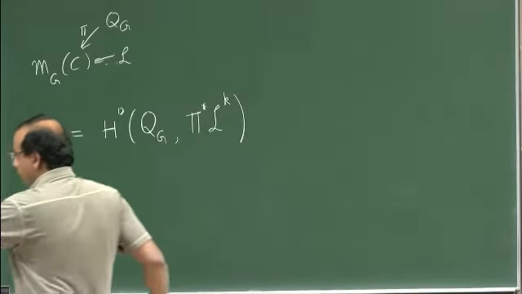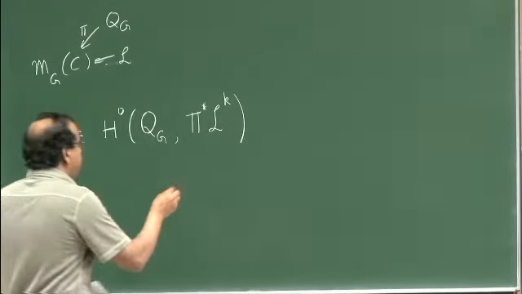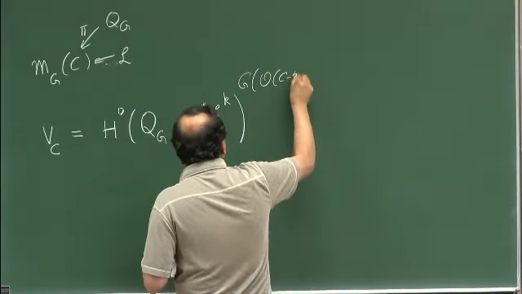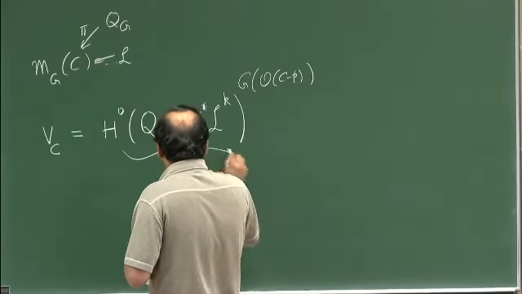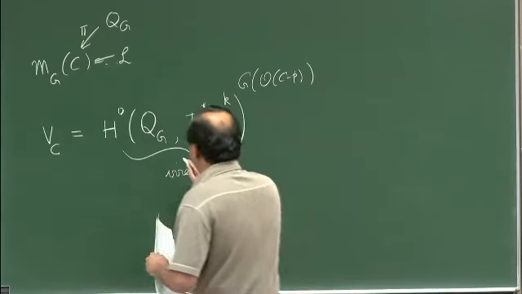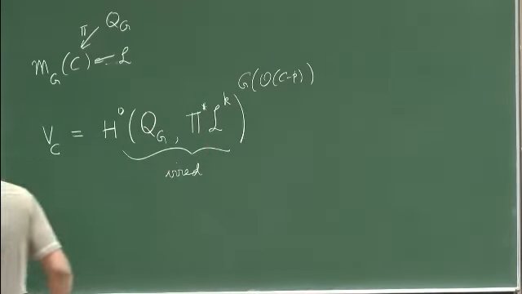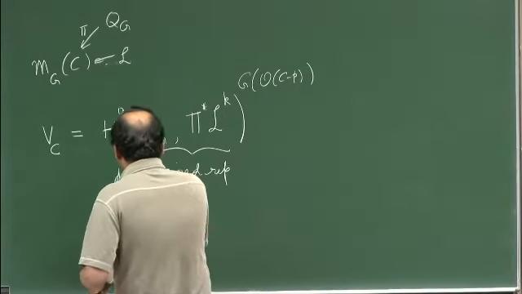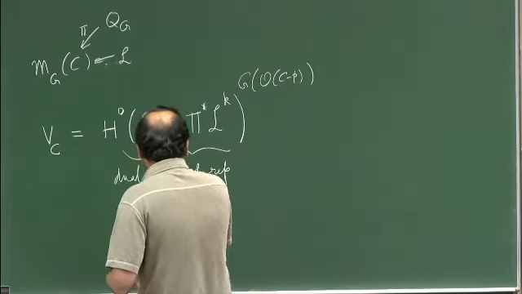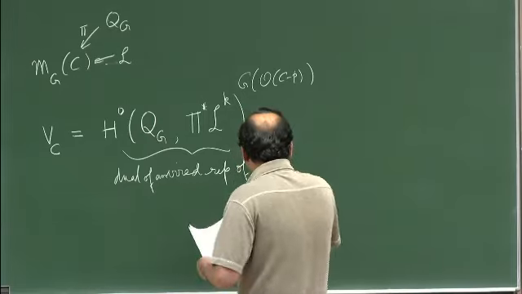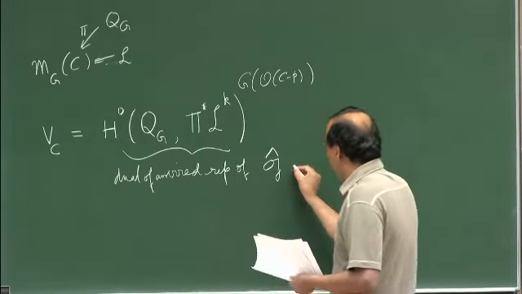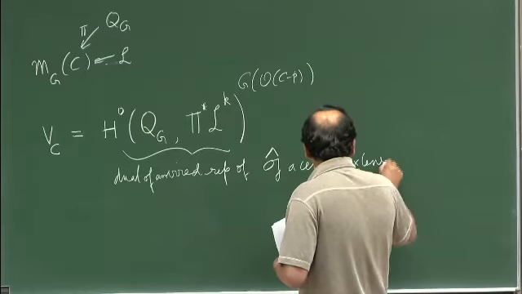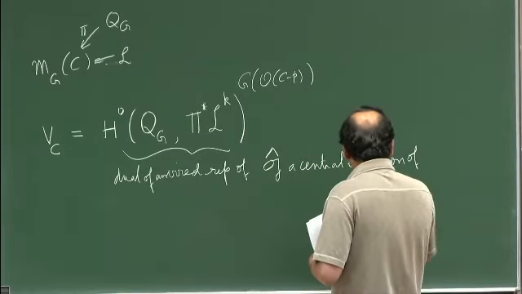So I pull it up, and then I still have to take invariants with respect to this, minus P. And this turns out to be an irreducible representation, not of this group, but of a central extension of it, a dual of an irreducible representation of, let me write Lie algebras now, g hat, a central extension of g tensor functions.